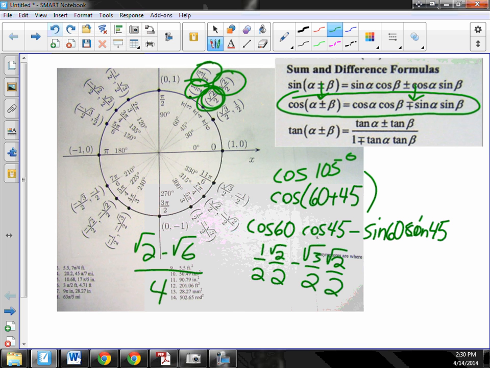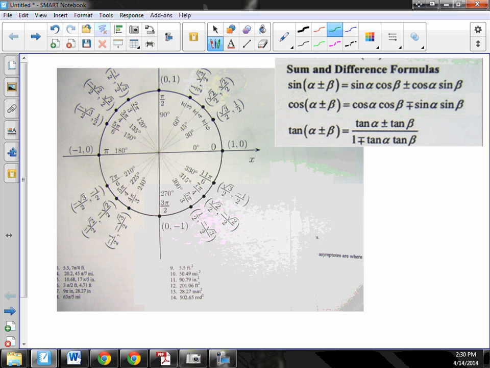So, I guess it doesn't matter which one we use first. Let's just try finding the sine and dividing it by the cosine. So if we had the tangent of 105, that's the same thing as the sine of 105 divided by the cosine of 105. Right? Well, we already know the cosine of 105. What is it?